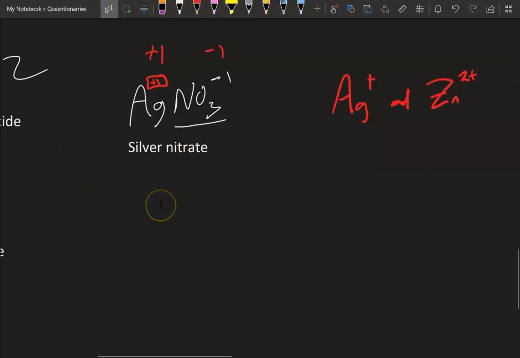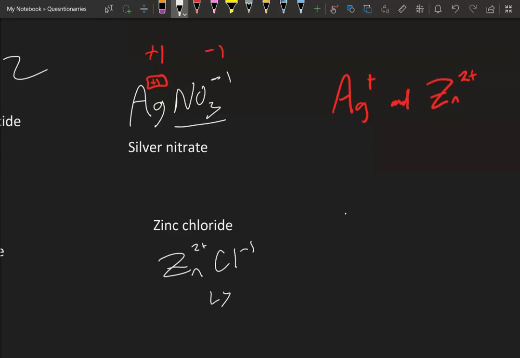So if I were to take, let's say, zinc chloride and write the formula for it, it would just be Zn. We know Zn is +2 because that's the only option, and then the chlorine is -1, so we would have a formula of ZnCl2.